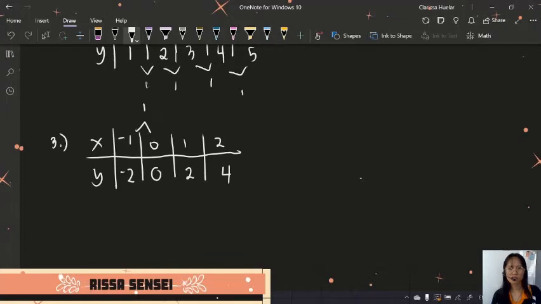So, this is positive 1. Ito ay 1 pa rin. 2 minus 1 is 1. 0 minus negative 2 is positive 2. 2 minus 0 is 2. 4 minus 2 is also 2. So, ibig sabihin, parehas, may common difference yung x, may common difference yung values of y, meaning this is also a linear function. So, I hope na naiintindihan nyo na.